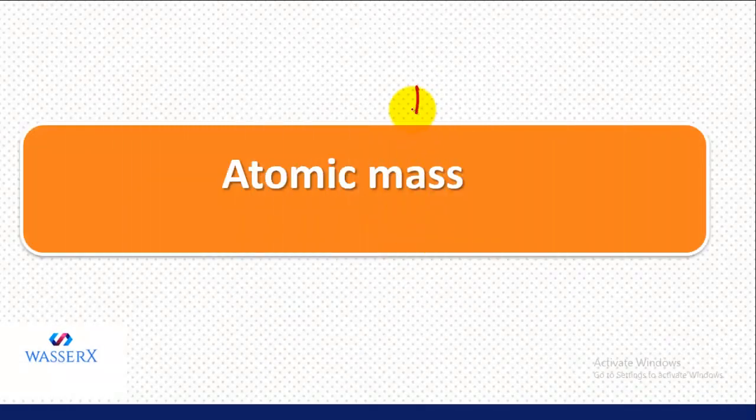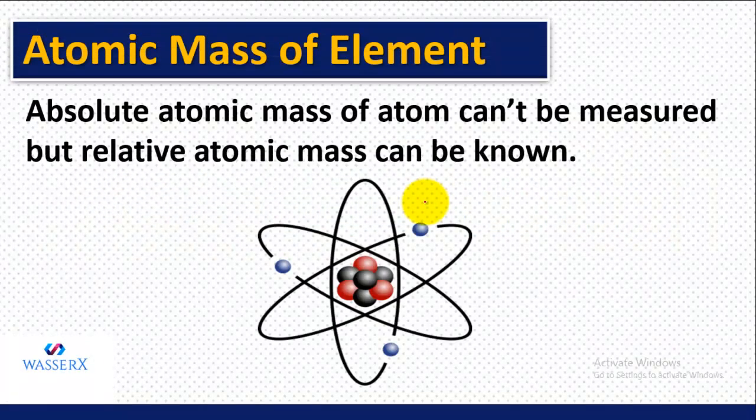Now let's study an interesting topic, that is atomic mass. What do you mean by atomic mass? As the name specifies, it is clear that in this topic we are going to talk about the mass of an atom, which is called atomic mass. So how are you going to define the atomic mass of an element?